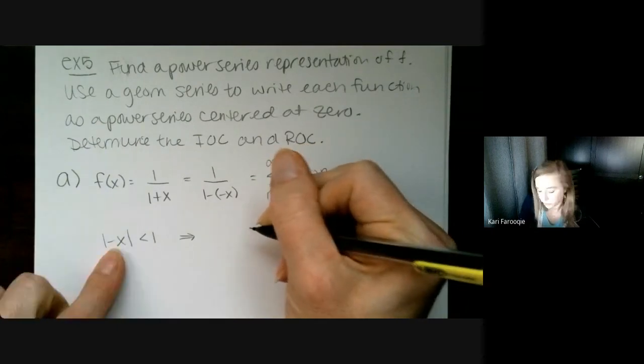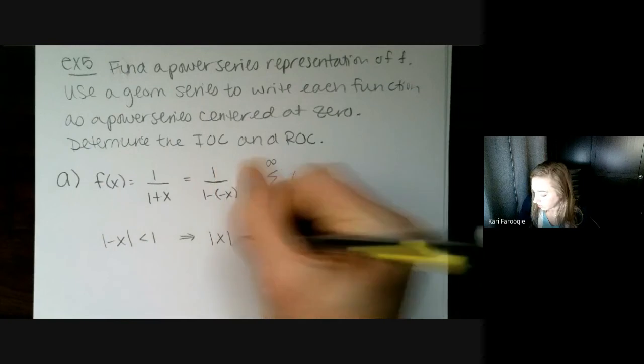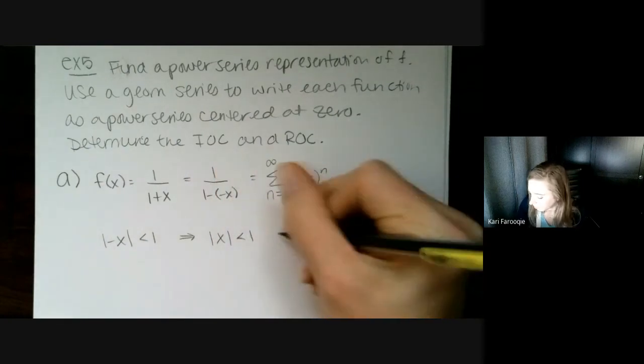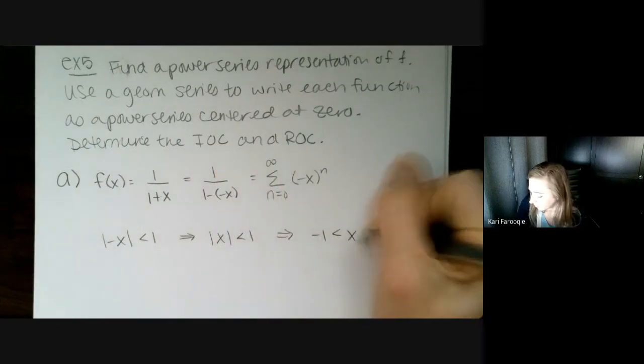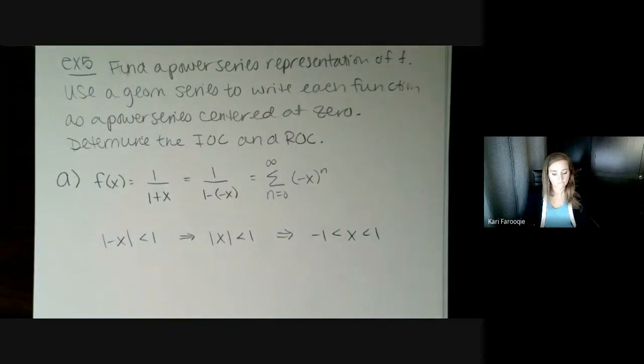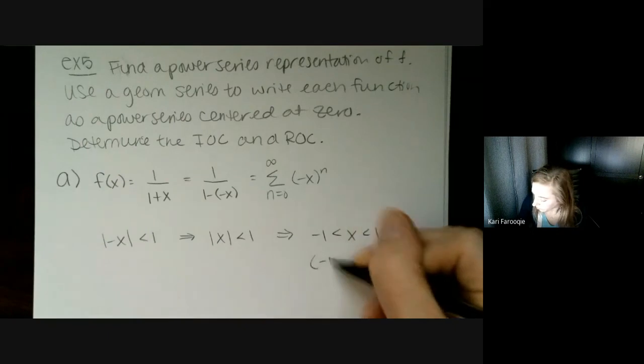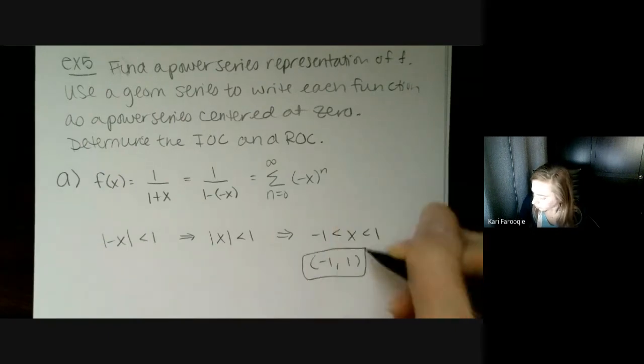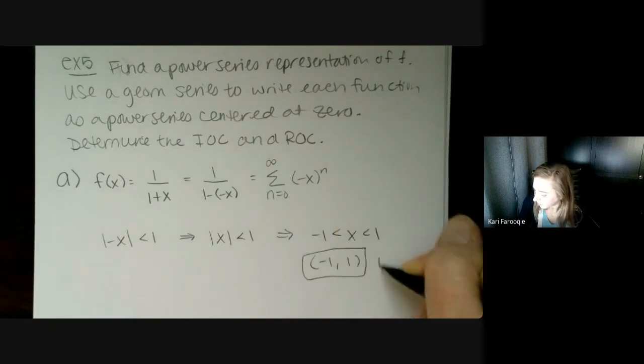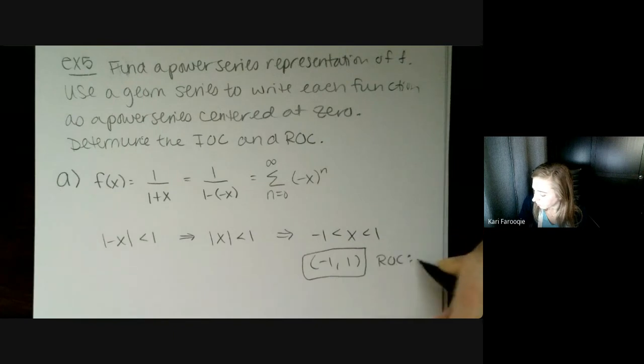The absolute value of negative x can also be rewritten as the absolute value of positive x. And this would represent your interval of convergence in interval notation. And then you would say that the radius of convergence is 1.